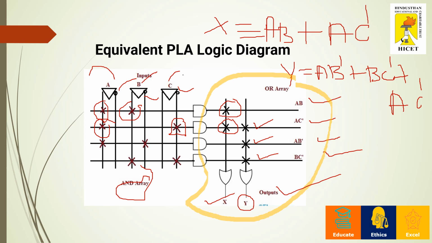In case of PAL and PLA, the basic difference is that in PLA, both AND and OR gate arrays are programmable, whereas in programmable array logic, only the AND gate array is programmable.